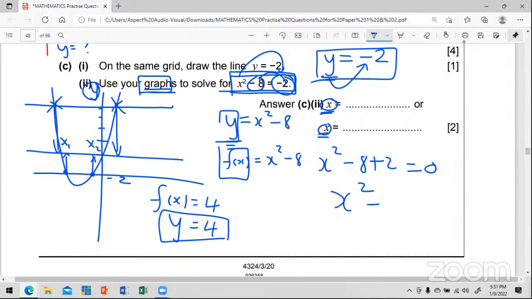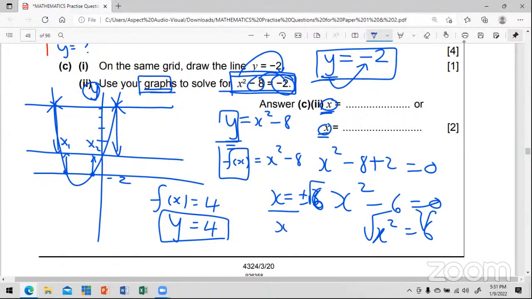x squared minus 6 is equal to 0, which means that x squared is 6. Take the square root of both sides, so x is equal to plus or minus the square root of 6. Those are the exact values, so you can test like that.